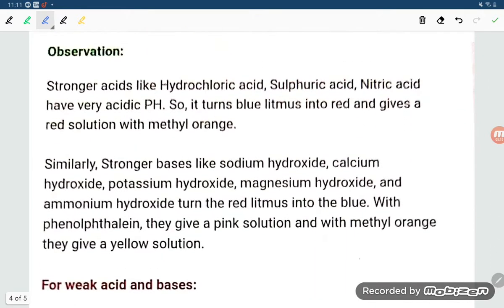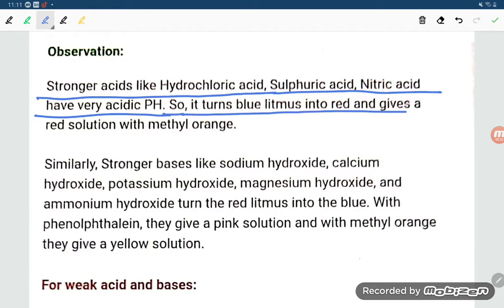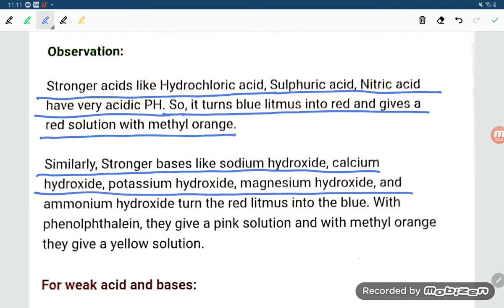Observation: stronger acids like hydrochloric acid, sulfuric acid and nitric acid have very acidic pH, so they turn blue litmus into red and give a red solution with methyl orange. Similarly, stronger bases like sodium hydroxide, calcium hydroxide, potassium hydroxide, magnesium hydroxide and ammonium hydroxide turn red litmus into blue.